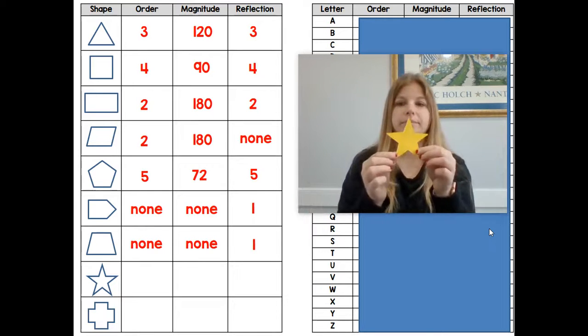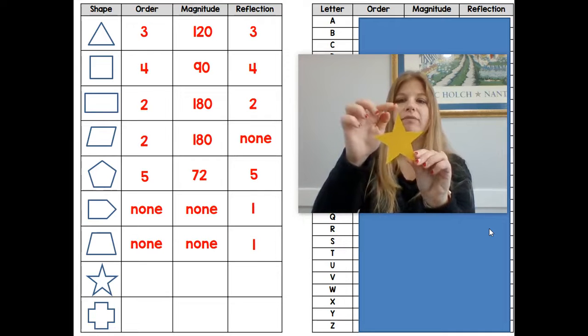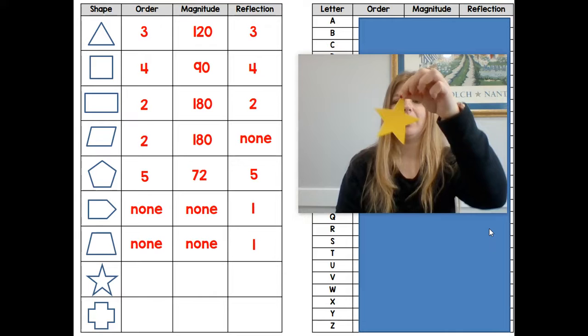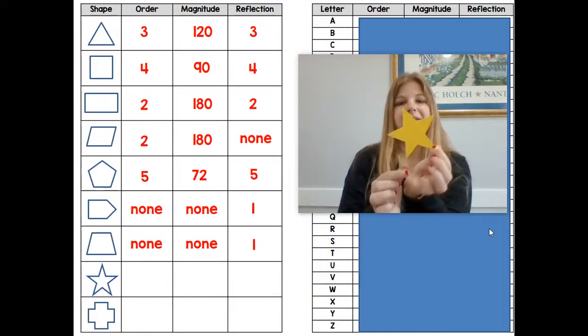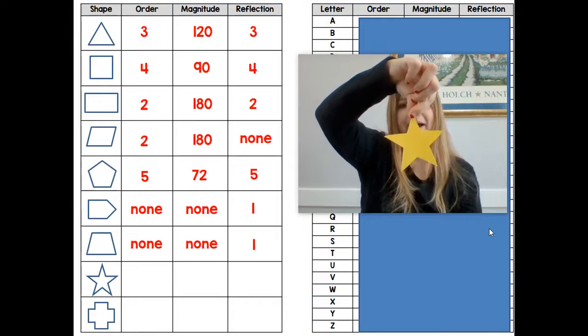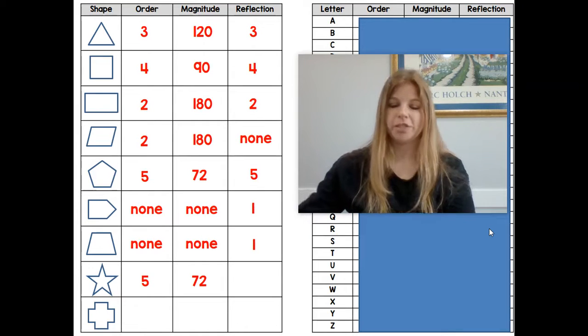A star. Okay, order, I have 1. So if I keep this point 1, 2, 3, 4, 5, right back. So my order is 5. 360 divided by 5 is 72. Now, lines of reflection.